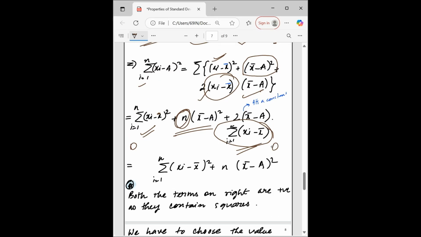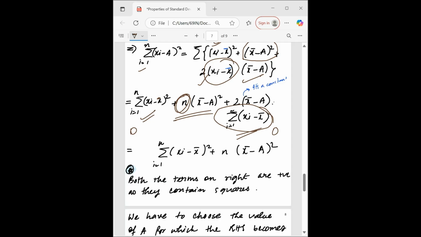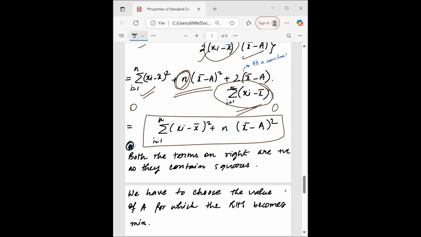And when the constant is multiplied by 0, this will again be 0. So what do we get here? Our final line is: the summation of (xi minus x bar) whole square, plus n into (x bar minus a) whole square.